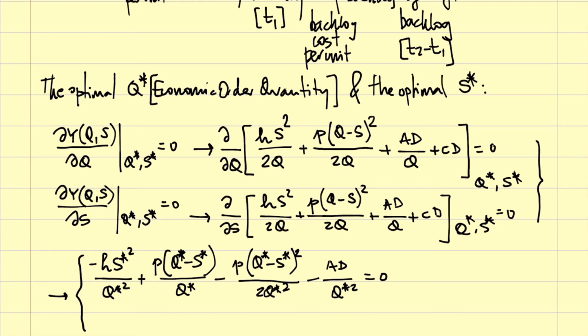And the lower one, a little bit easier: H S star divided by Q star minus P times (Q star minus S star) divided by Q star equals to 0. Okay.